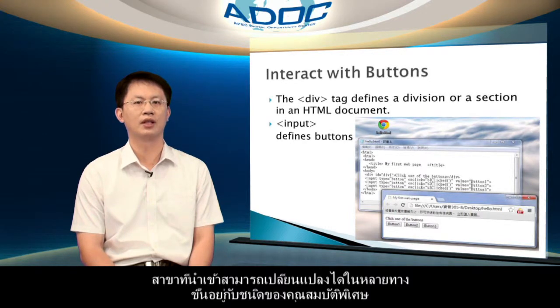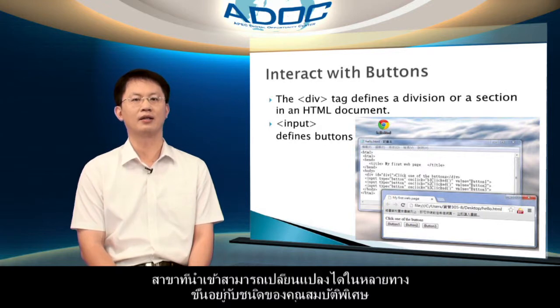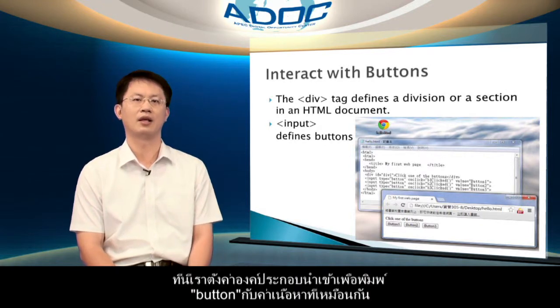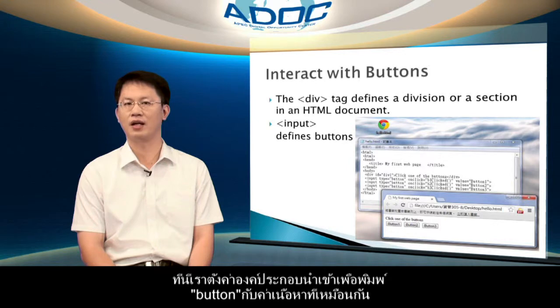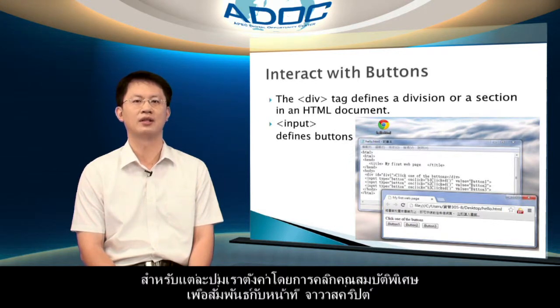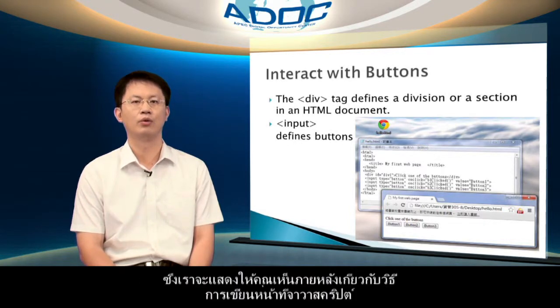An input field can vary in many ways, depending on the type attribute. Here we set the input elements to the type button with corresponding text values. For each button, we set the onClick attributes to related JavaScript functions, which we will show you later on how to write.